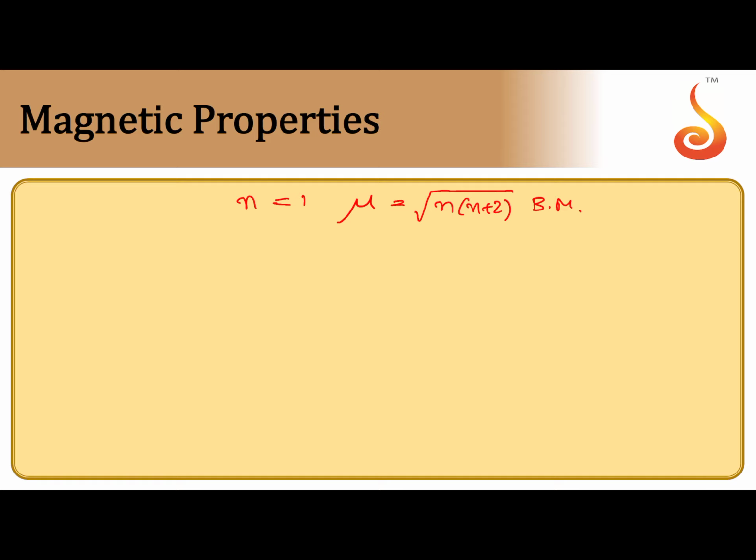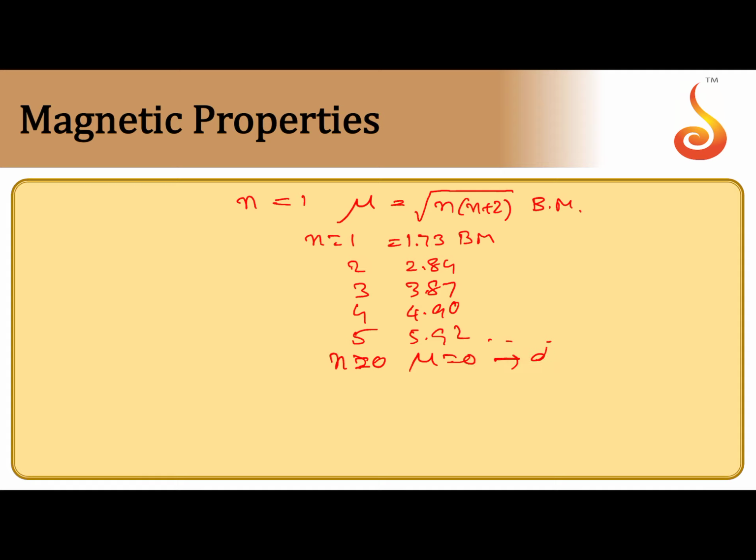If one unpaired electron is there, the magnetic moment is 1.73 Bohr magnetons. If n is equal to 2, 2.84, n is equal to 3, 3.87, n is equal to 4, 4.90, n is equal to 5, 5.92, like that. If n is equal to 0, no unpaired electrons, magnetic moment also 0, then the substance becomes diamagnetic.